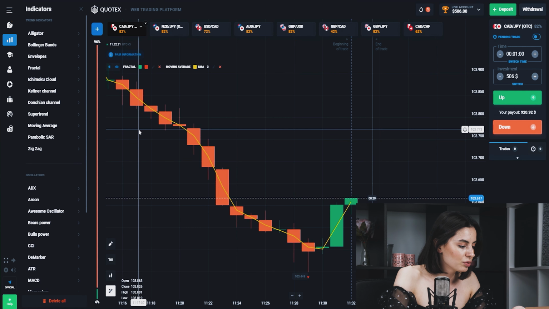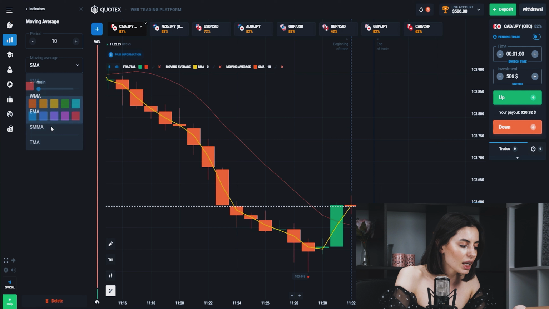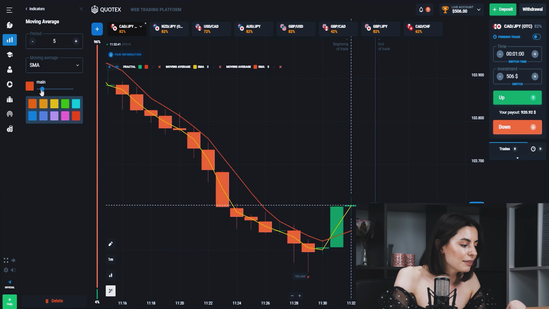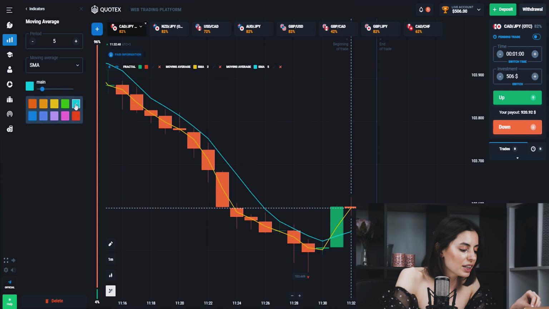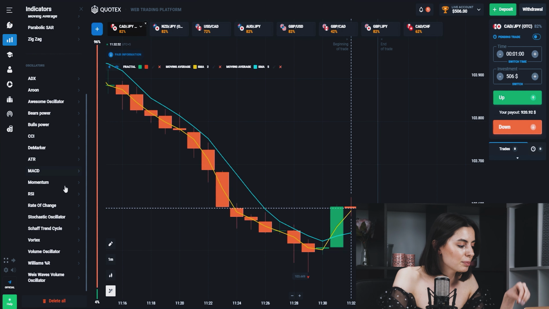We're going to add two moving averages, and the reason we chose a 1 minute candle period is because of the periods of the moving averages. If it were our ordinary 15 seconds, the movement of these moving averages would be too fast and too unpredictable.